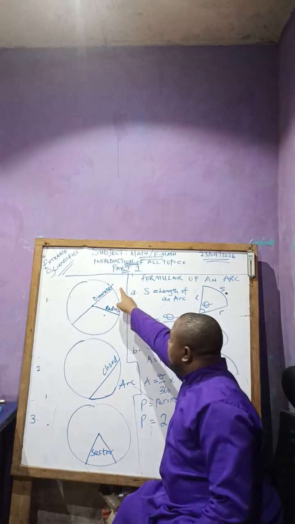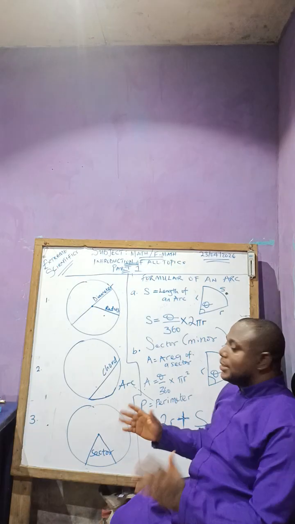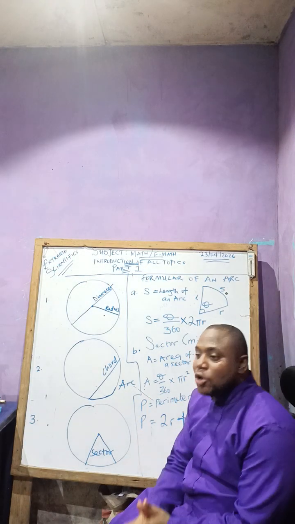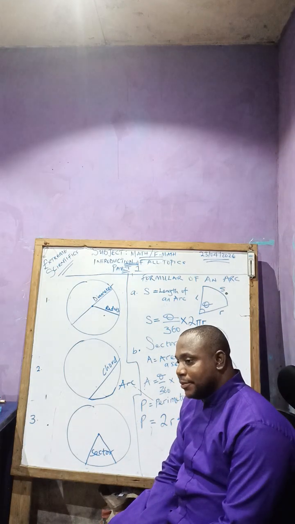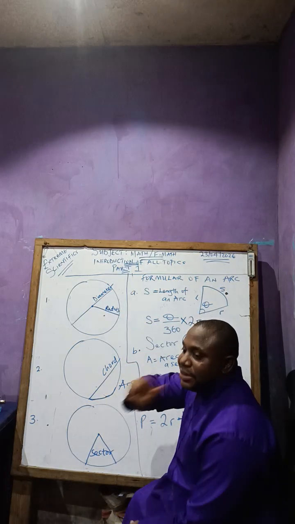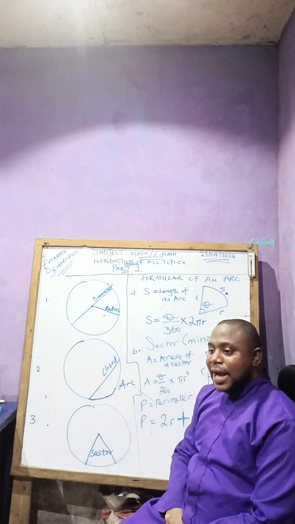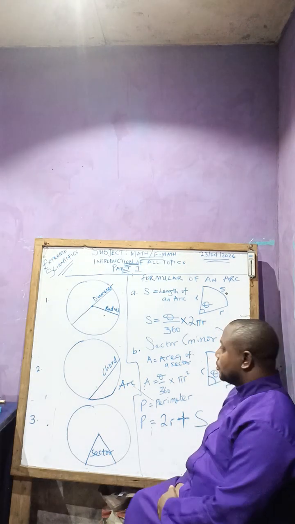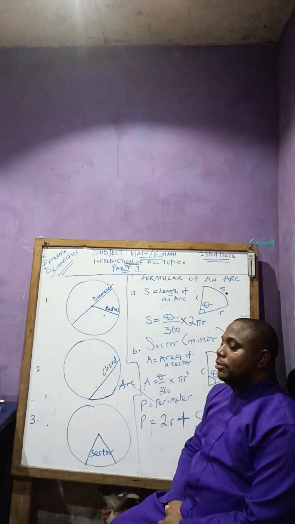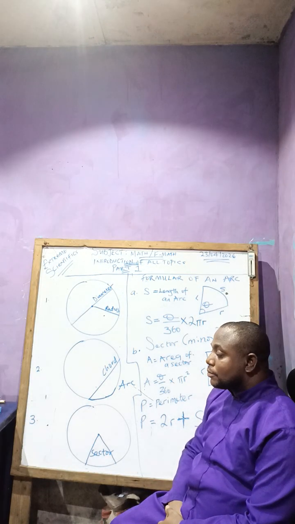From here to here is called the diameter. What do I call it? Diameter. The diameter divides the circle in half. Now, half of the diameter is called the radius. So diameter is equal to what? 2 radius.